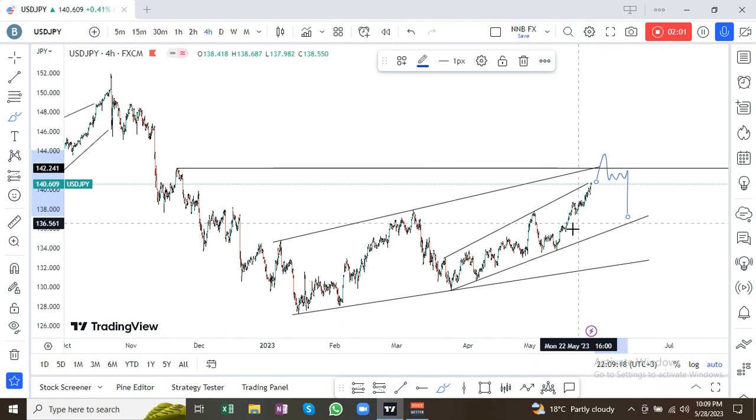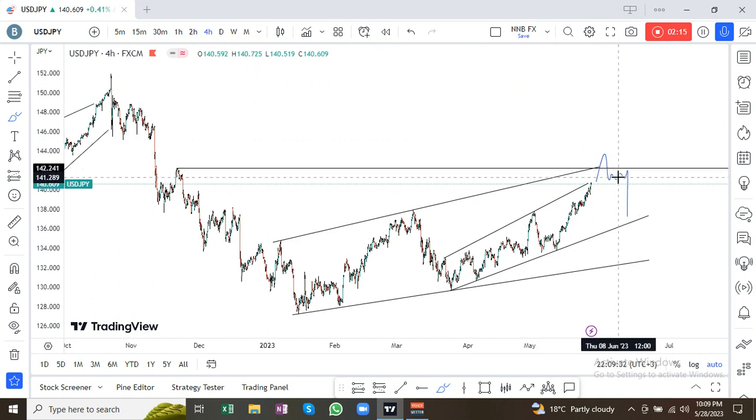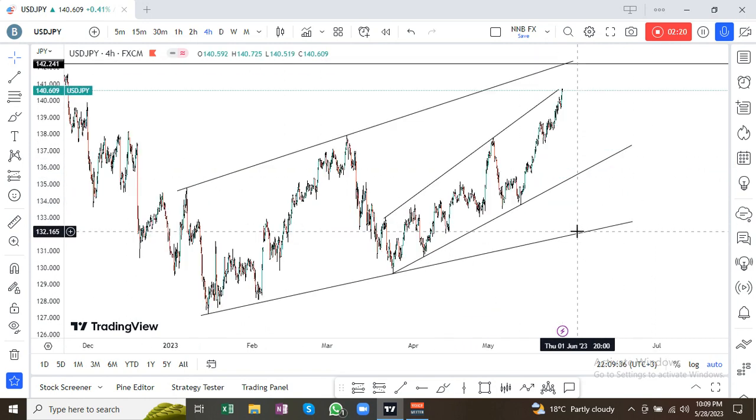And if it comes up here in form of a corrective move, I'll enter with a risk entry from up here with my stop loss just above the structure. So that's our first pair that I'll be watching out this coming week.